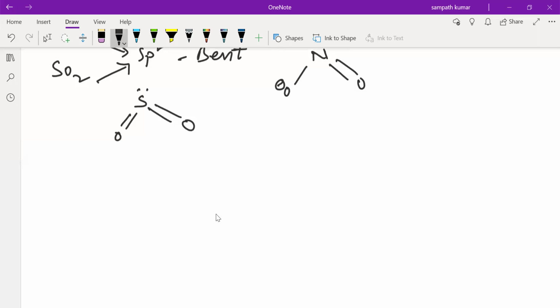And the next one we are discussing is BeH4 2-, beryllium tetrahydride minus 2. Tell me what is the hybridization and what is the geometry of the molecule.